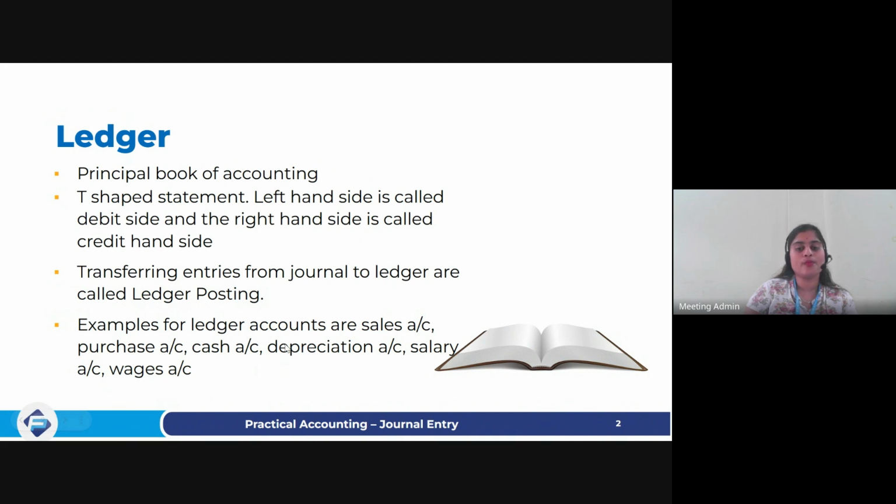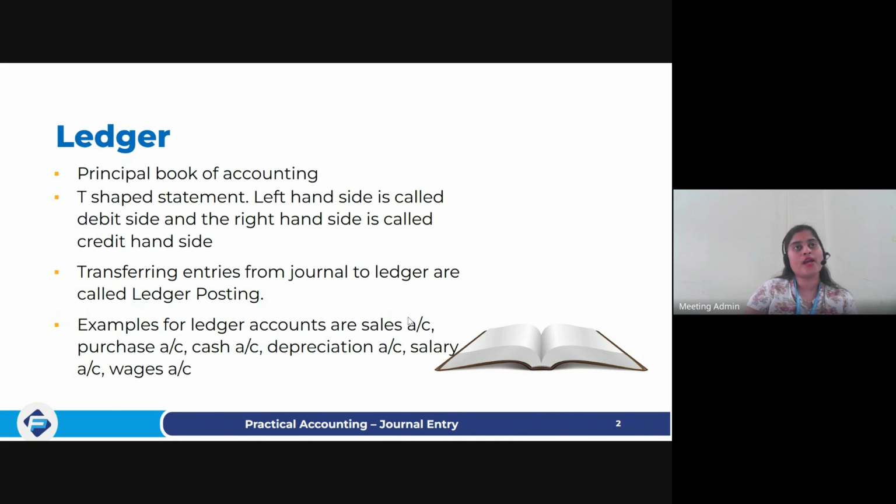Here they have given the best example for you. Sales account, purchase account, this we have done right now, I guess. Do you all remember that? While creating journals, I told you about purchase, sales and so on. The same thing will be your accounting heads. So sales account, purchase account, cash account, depreciation, salary, wages. These are all accounting heads.